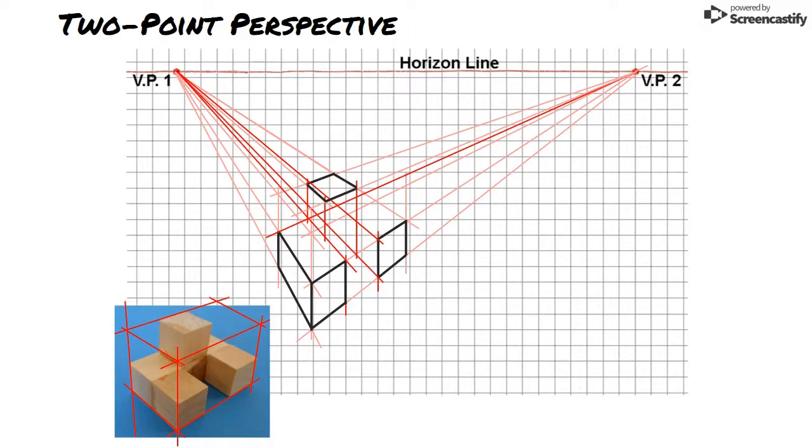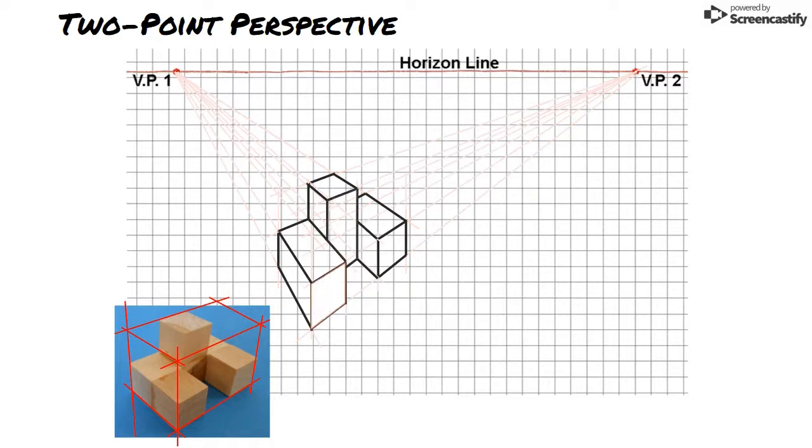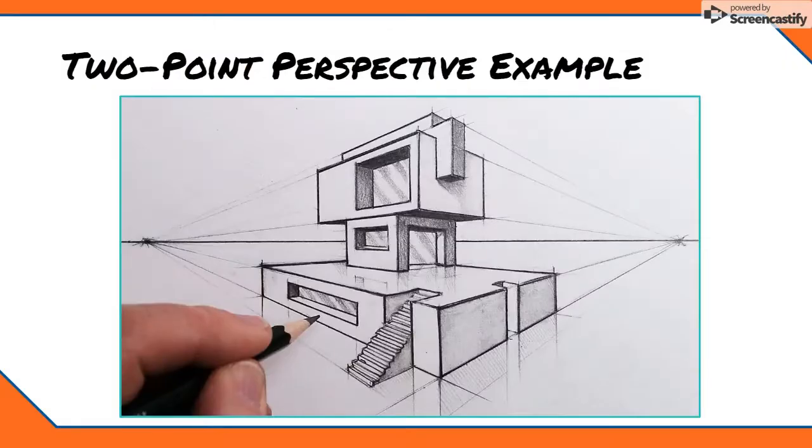And trace over the construction lines to delineate the remaining object edges. You can now use tonal shading to enhance the appearance of the perspective sketch and create a more realistic representation. Finally, erase your construction lines. Two-point perspectives give us a little bit more realistic image of the object than one-point perspectives do.